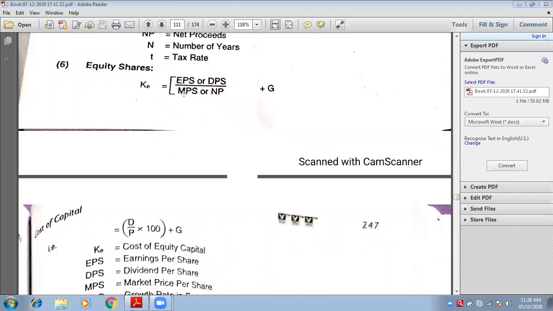Acha, you have done price earning ratio. In that market price per share is given. The formula of price earning ratio is MPS upon EPS. Are you getting my point? So EPS upon MPS, or the next formula is DPS, dividend per share, upon net proceeds.